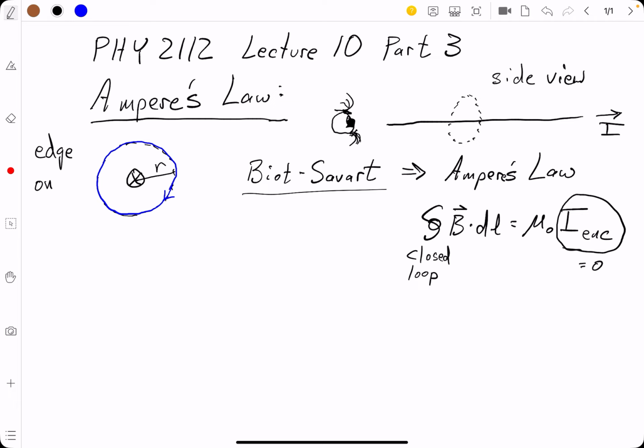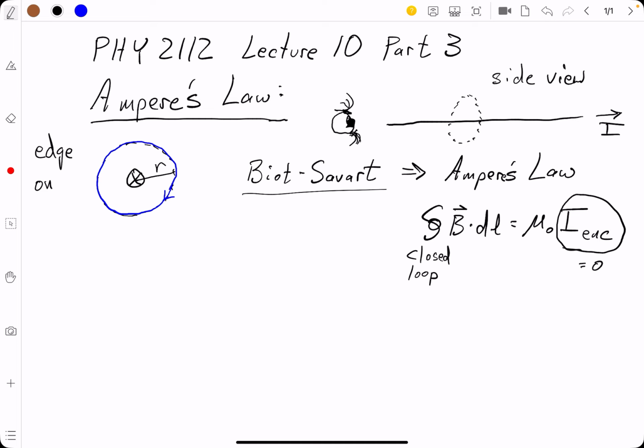Okay, so I enclosed is the current enclosed in the closed loop. That's it. And our loop doesn't have to be a perfect circle, okay? So we've got our B field here.